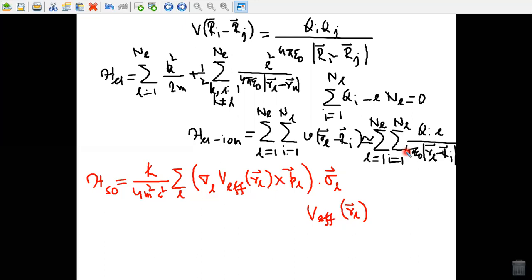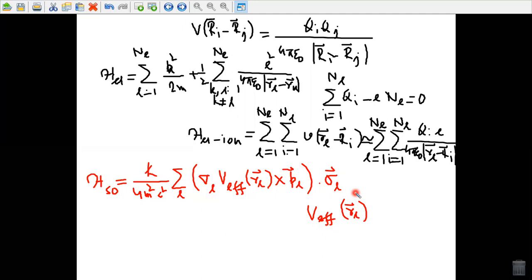However, in most cases, it is sufficient to consider just the spin-orbit coupling in the electron part of the Hamiltonian. The Hamiltonian for spin-orbit coupling is h-bar divided by 4 m squared c squared, summation over l of grad_l V effective(r_l) cross p_l dot sigma_l, where V effective(r_l) is the effective single particle potential which will be introduced later, and sigma_l is the vector of the Pauli spin matrices of the lth electron.